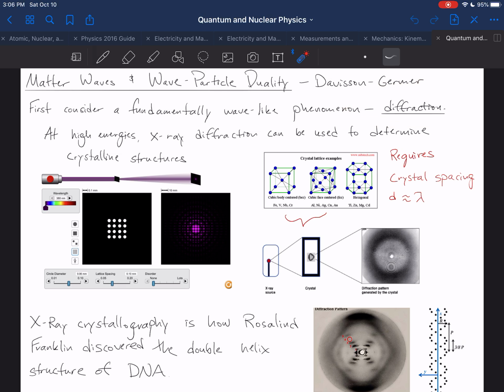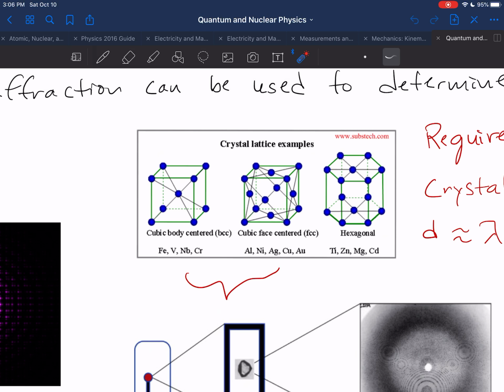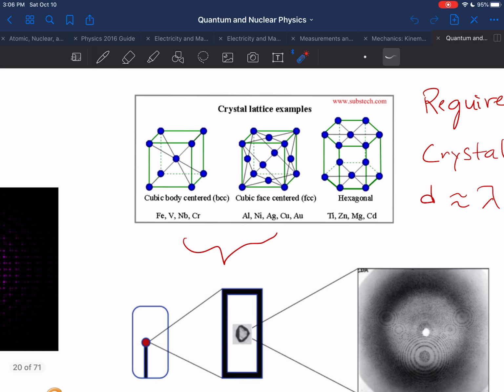And we're going to discuss an application we hadn't discussed at that point. At high energies, X-ray diffraction can be used to determine crystalline structures. All right, so what does this mean? Well, the structure of a crystal, that is the exact geometric arrangement of the atoms in the crystal, means that those atoms are very small, regular distances apart.